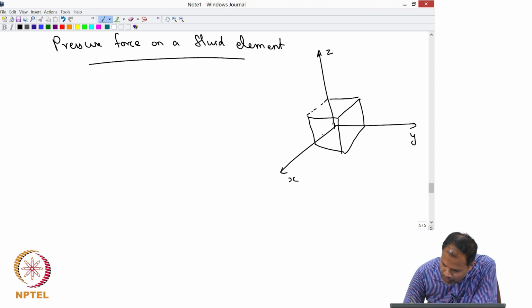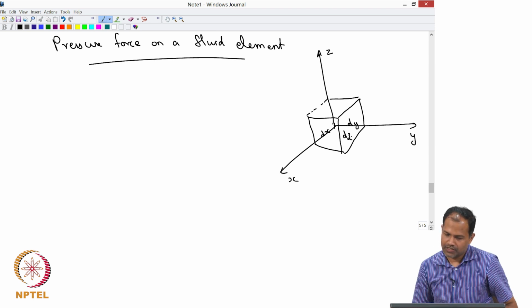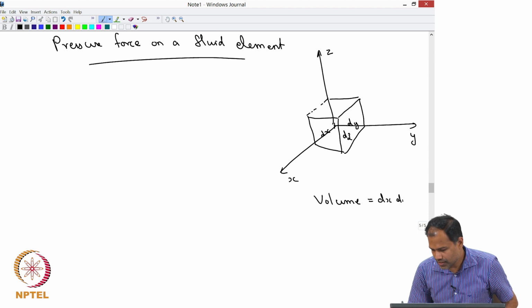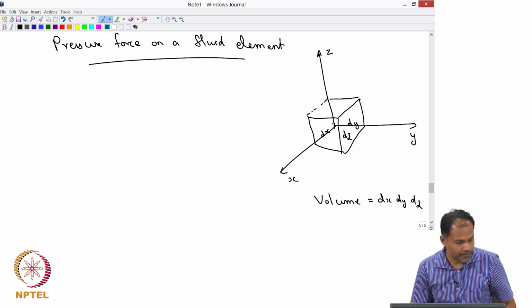This has a length dx in x direction, dy in y direction, and dz in z direction. So, the volume of this fluid element that we are looking at is dx dy dz.